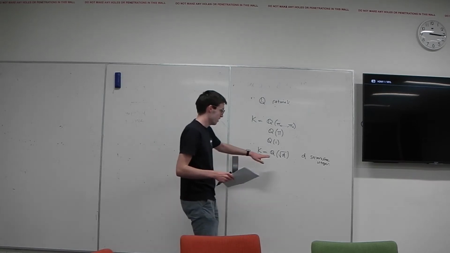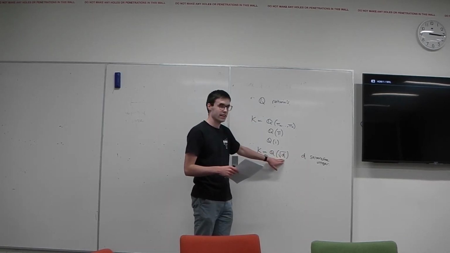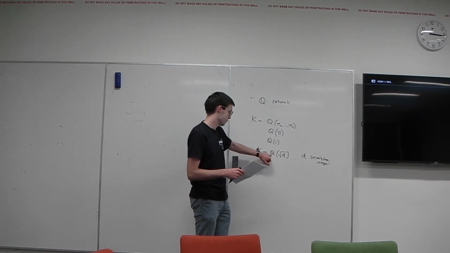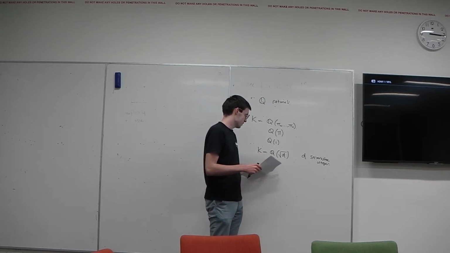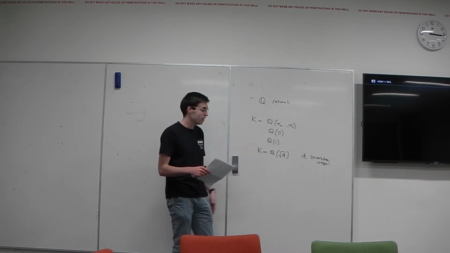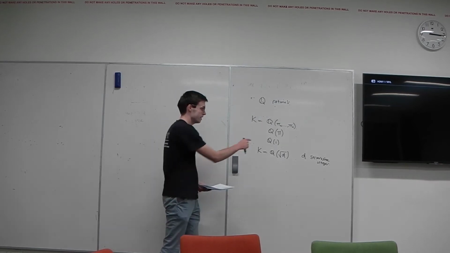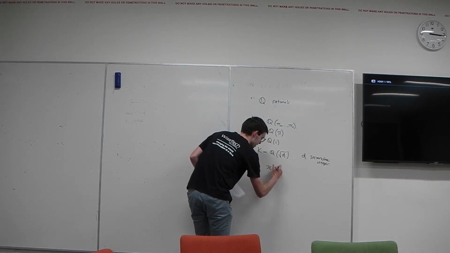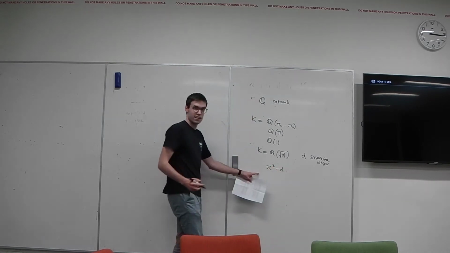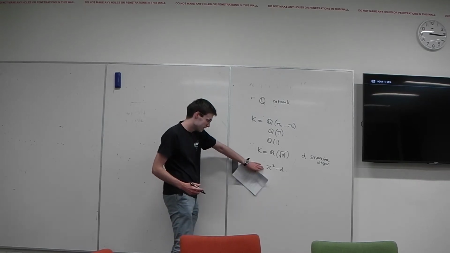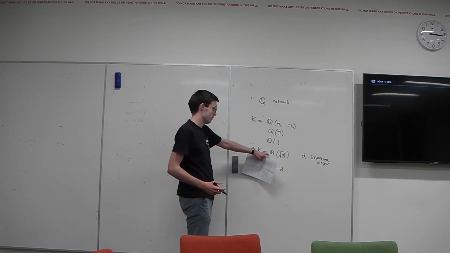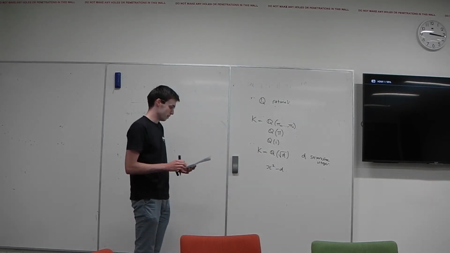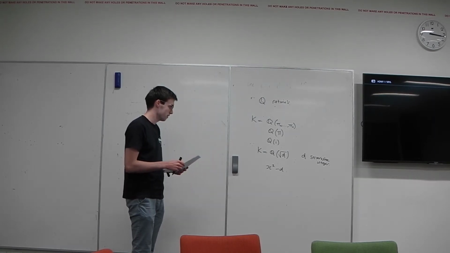Because it's square-free, there's definitely not going to be a solution to this over the integers or over the rational numbers, so this really is a non-trivial extension. Because the square root of D that we're adjoining always satisfies the equation x squared minus D, this degree is obviously 2, so this is what we call a quadratic number field, because we're adjoining an element of degree 2 to Q.